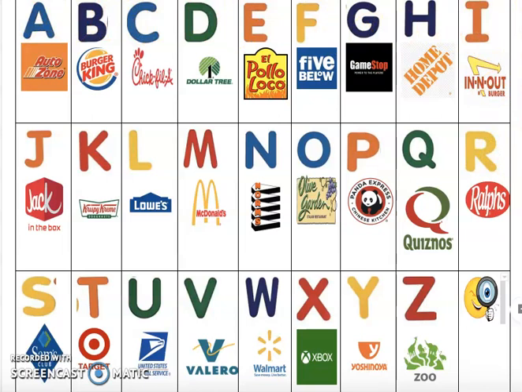And then after they're done with that, I would give the groups an opportunity to show their peers what they found. So that would just open up a discussion, like if, for example, a group shares that they found Panda Express, I would then elaborate on that and say, well, Panda Express starts with the letter P. The letter P makes the p sound.